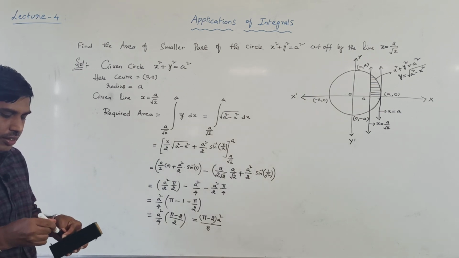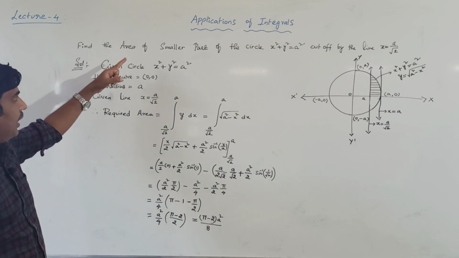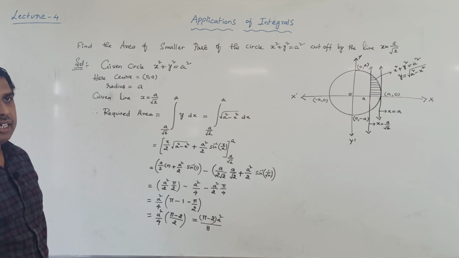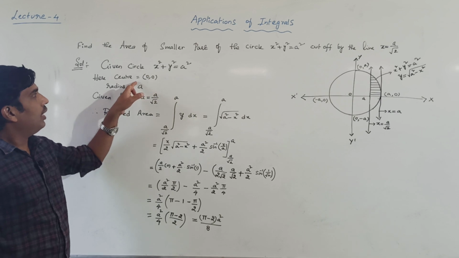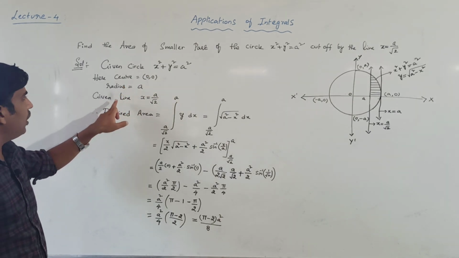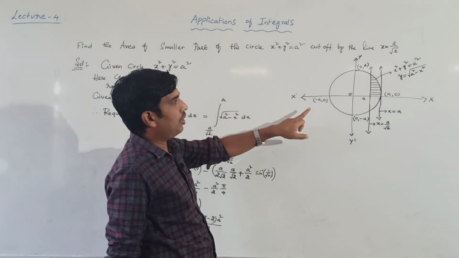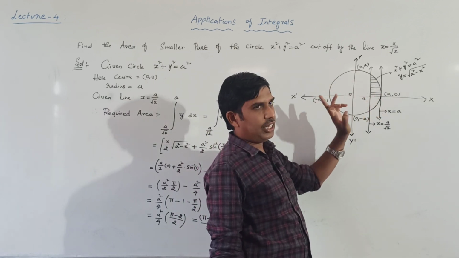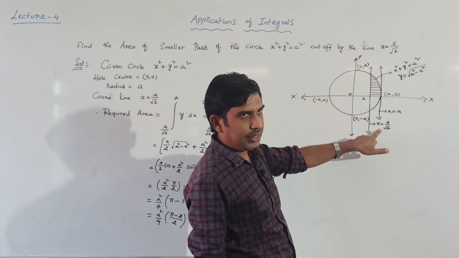That is the required area. So once again, find the area of the smaller part of the circle cut off by the line x is equal to a by root 2. Given a circle with center at origin and radius a units, and the given line is x is equal to a by root 2.